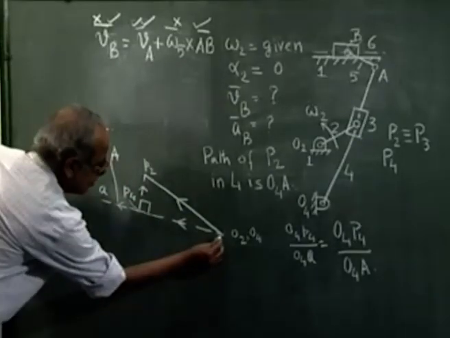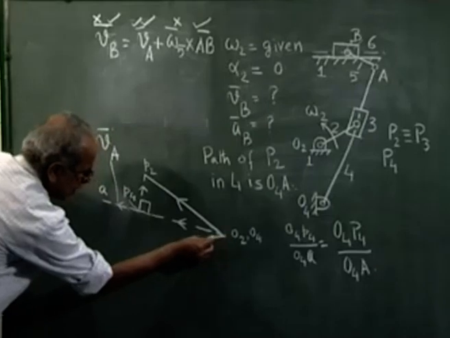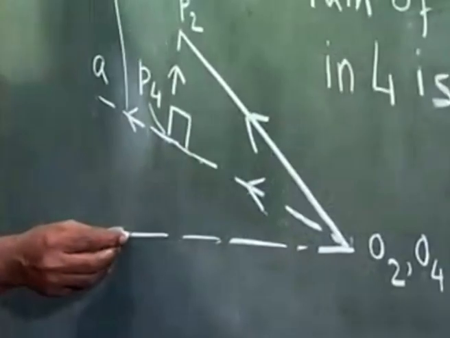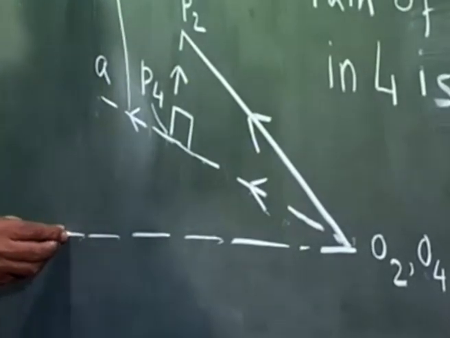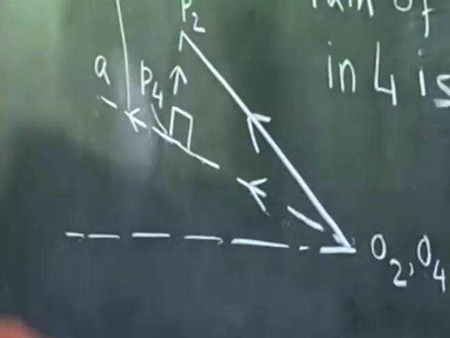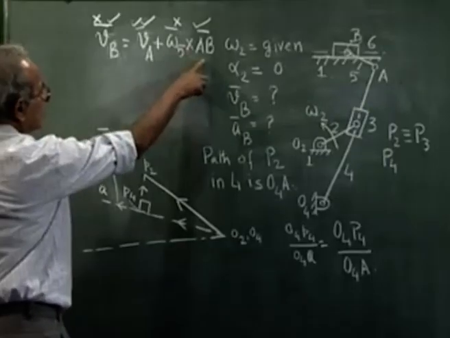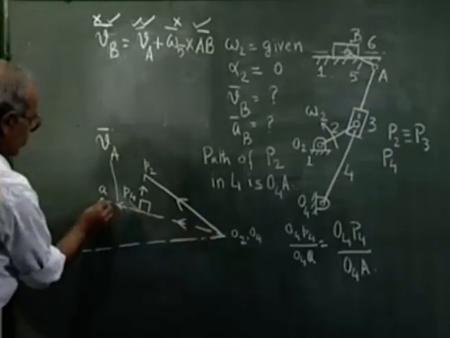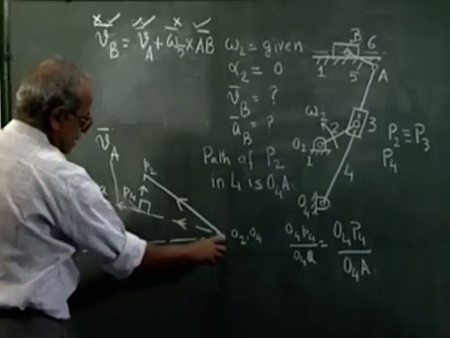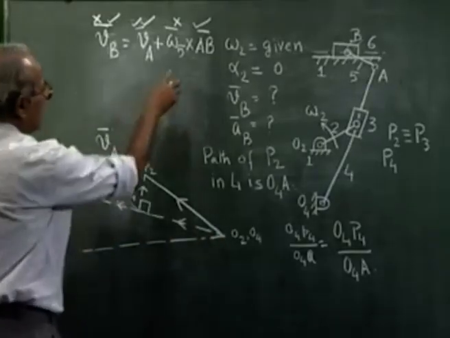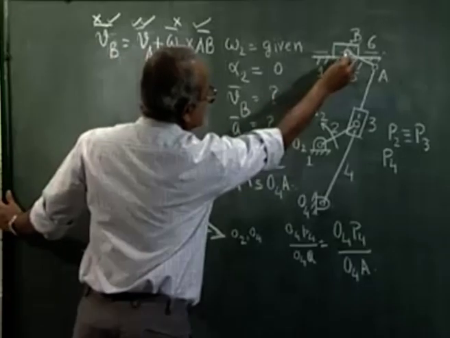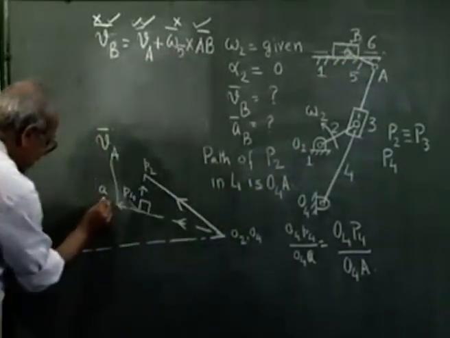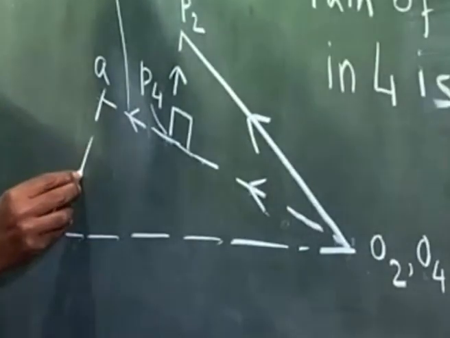For VB, because it is horizontal, I draw a line which is horizontal through the point o2 or the pole of the velocity diagram. And this vector, this is VA, we have already got o4 a. VB must be horizontal, so I draw a horizontal line. And omega 5 cross AB is perpendicular to AB, that is in this direction. So, through a, I draw a line perpendicular to AB.